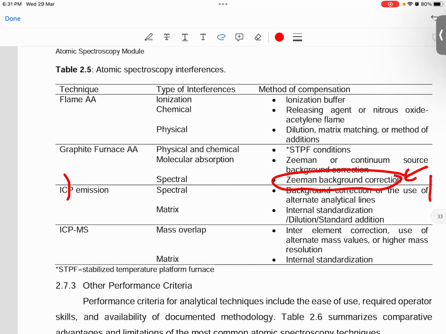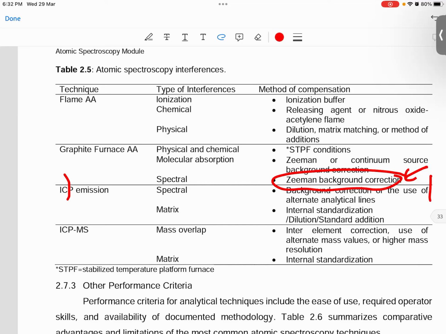Zeeman effect is a magnetic field that can split the spectral line. Okay, I hear magnetic field. Yes. We are relying on the emission spectrum, right? The emission spectra contain lines of the emission.